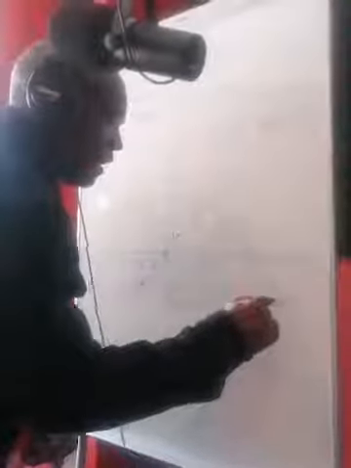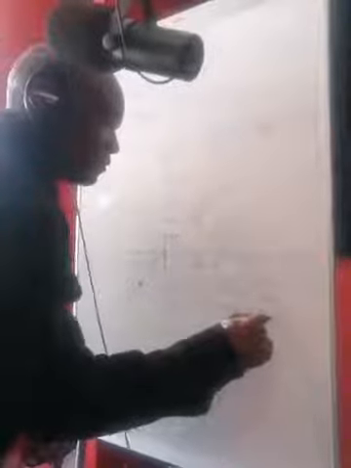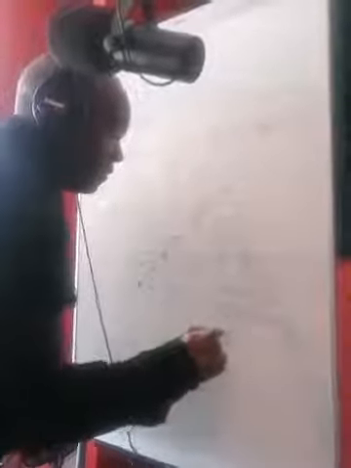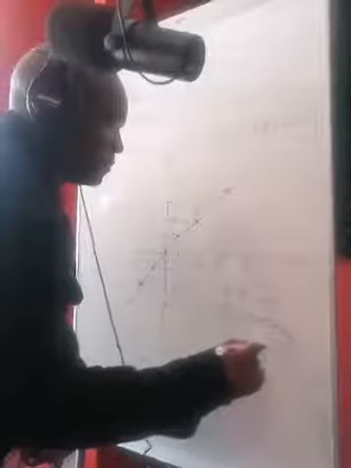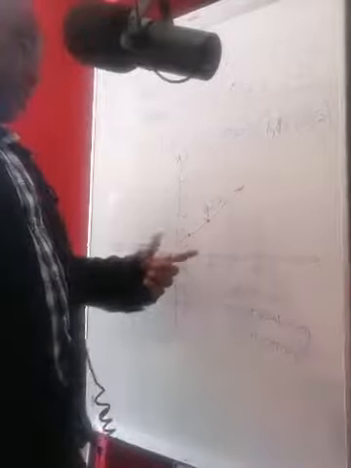It is an increasing function. As the x value increases, the y value increases. As the x value decreases, like here, see at minus 3, that is decreasing, the y value is going to be minus 3.